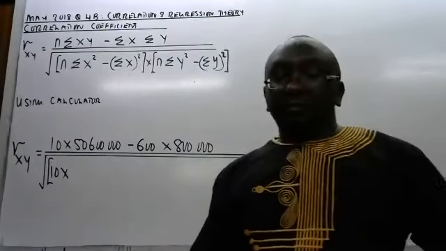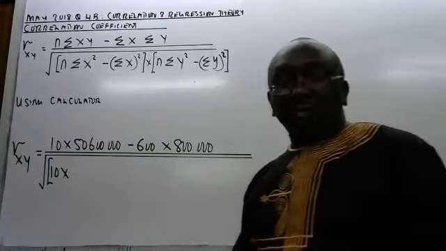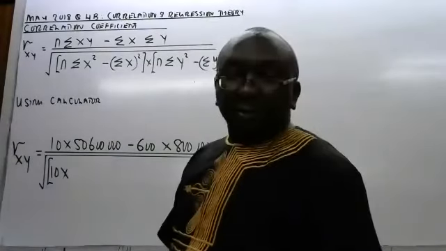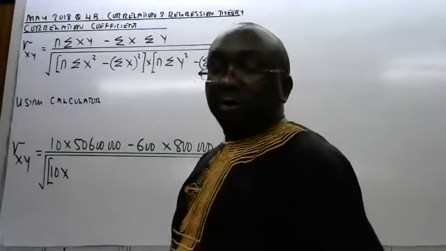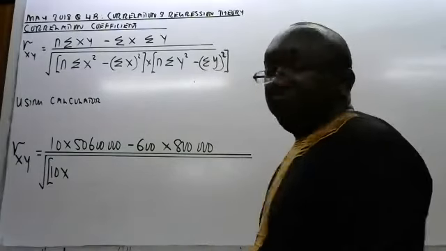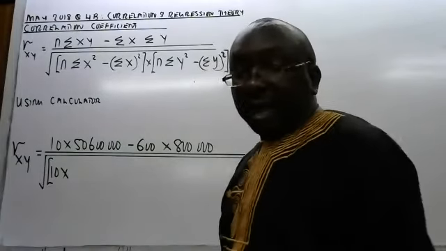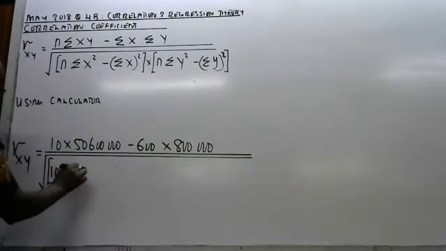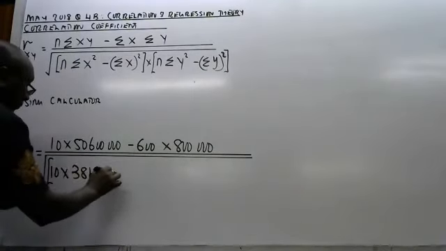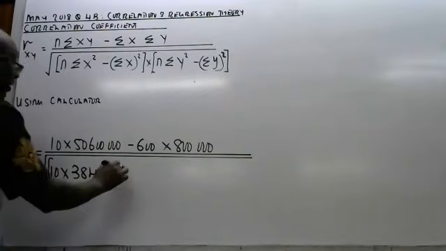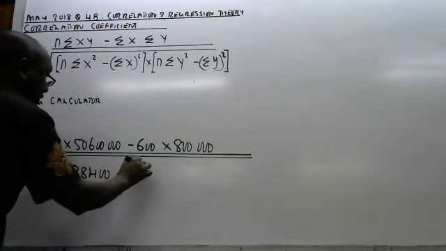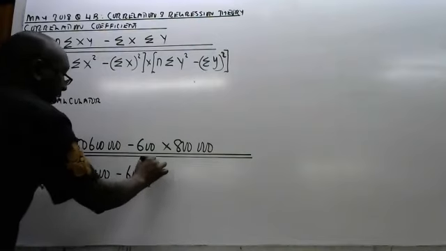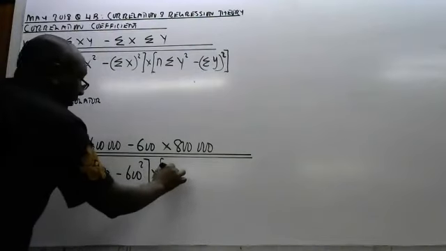At times some people say that the teacher only goes along with those who understand quickly. So to ensure that everyone is on board, I need many figures. 38,400. 38,400 minus sum of x, that is 600, which is going to be squared, times 10.